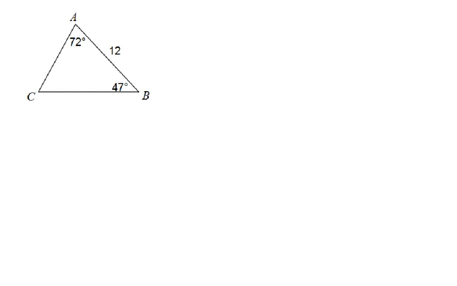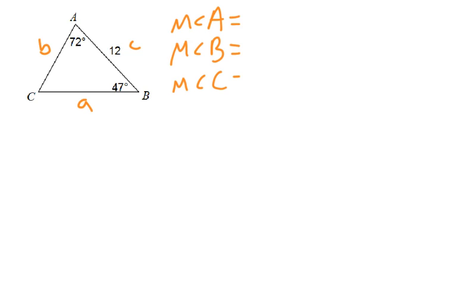So, this first one. First we got to look at our setup. It wants us to solve, so we need little b, little a, and we've got little c, and we need angle C. A lot of times it's a good idea to write these all out like this and put what we have. A is 72, B is 47, and then look and say, can we figure out C?